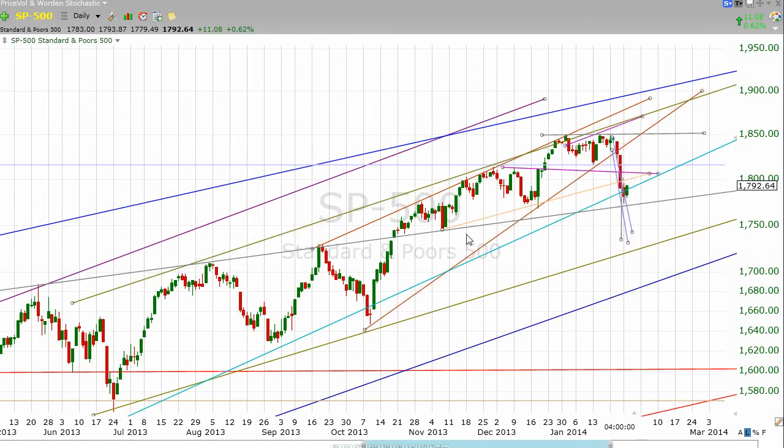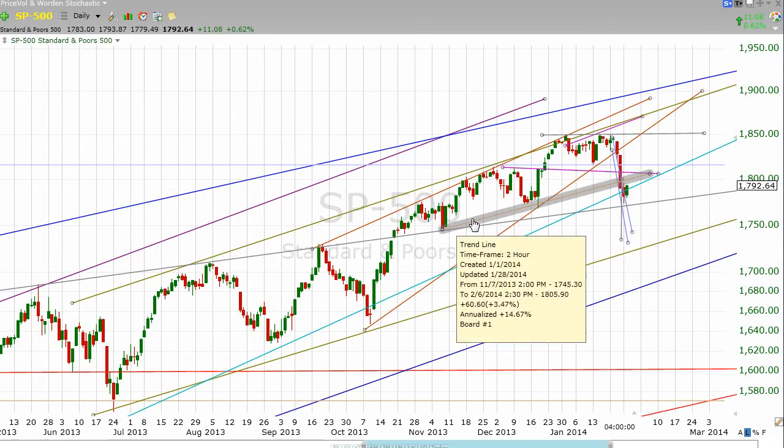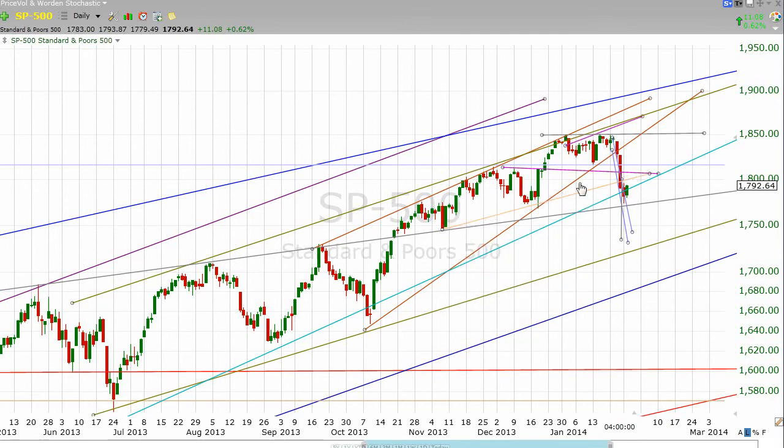But when I look back at what is defining this first point, and if we don't have this first point, then we don't have this line, okay? When I look at what happened here, we had a down day that came back to this back test, and then we immediately rallied right back up.